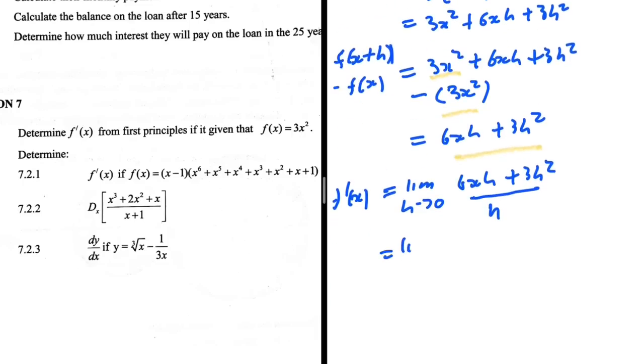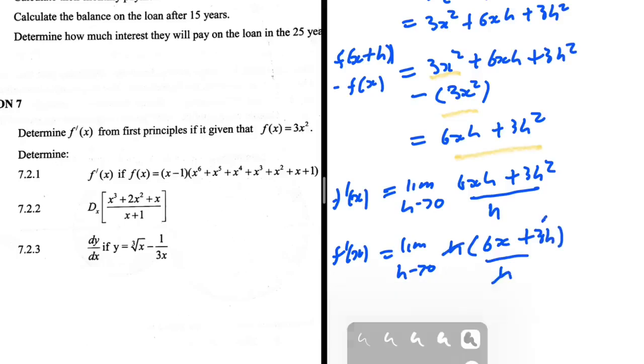What we want to do at this point is to take h as a common factor on the numerator, of which when we do that we get h times (6x plus 3h), everything divided by h. Let h and h cancel out and let h tend to 0. So what is 3 multiplied by 0?